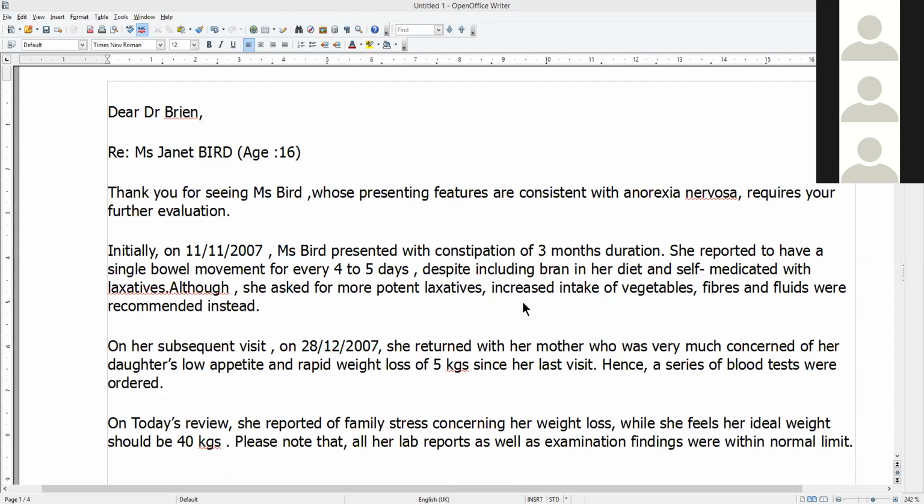Okay, we know the history. She's 16, been having constipation, laxatives, losing appetite, weight loss, etc. She thinks her parents are overreacting. She's losing weight, so you think she's got anorexia. Okay, let's have a look then.